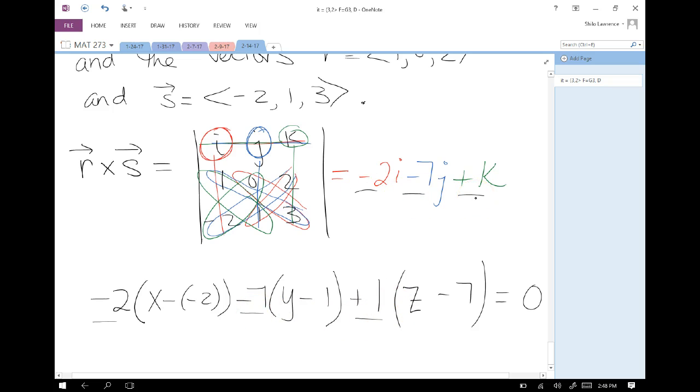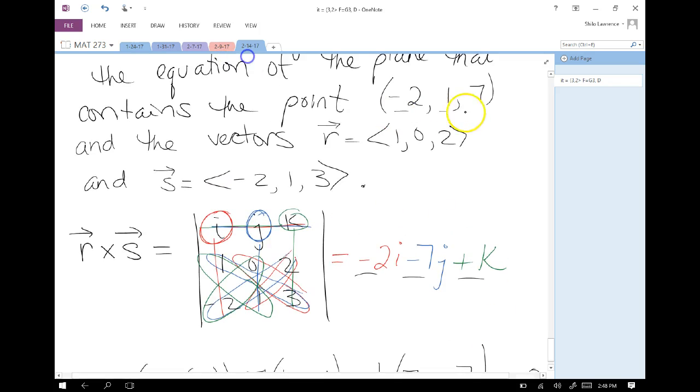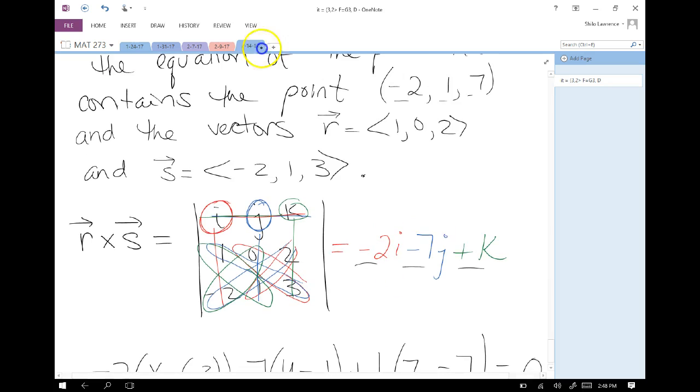Sorry about that. And then the coordinates from the point were -2, 1, 7.